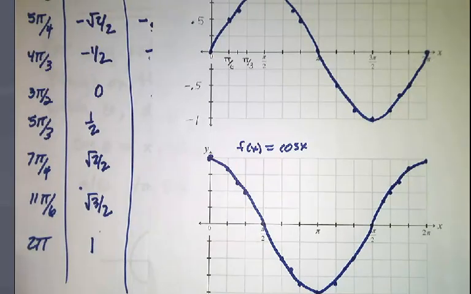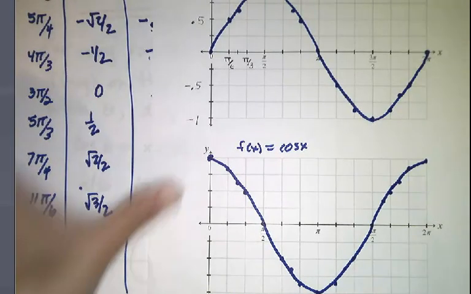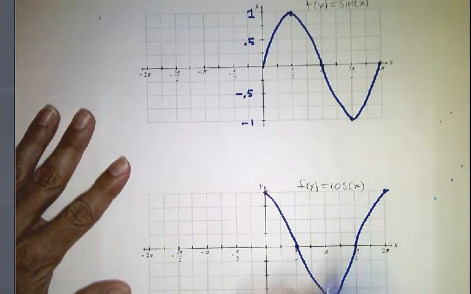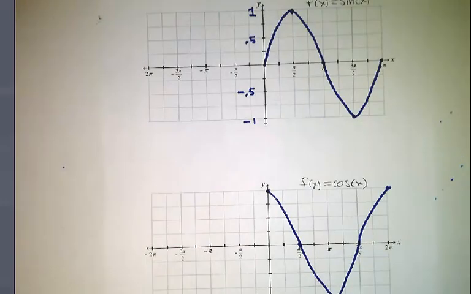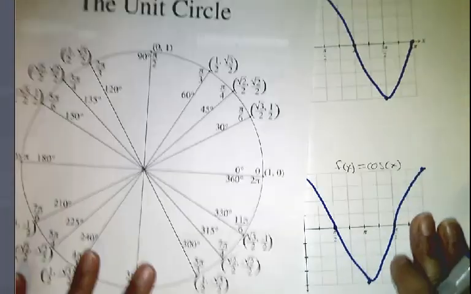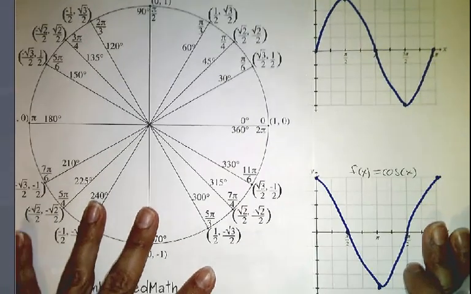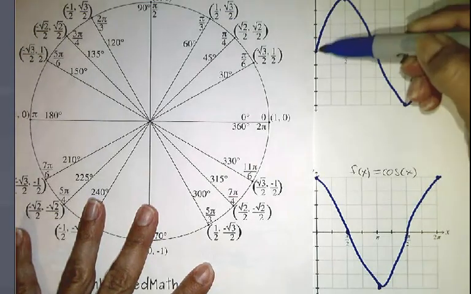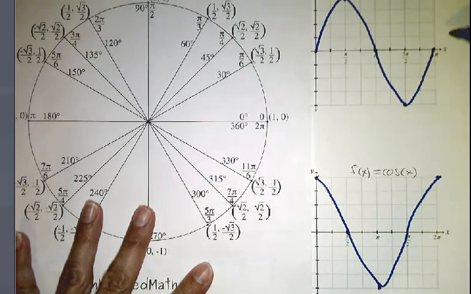So the next question to ask is, what happens as we move past the unit circle, or past one rotation? So what do you think would happen? Again, we need to refer to our unit circle, and let's just look and see if we can make a deduction. So remember, this is one full rotation about the unit circle.